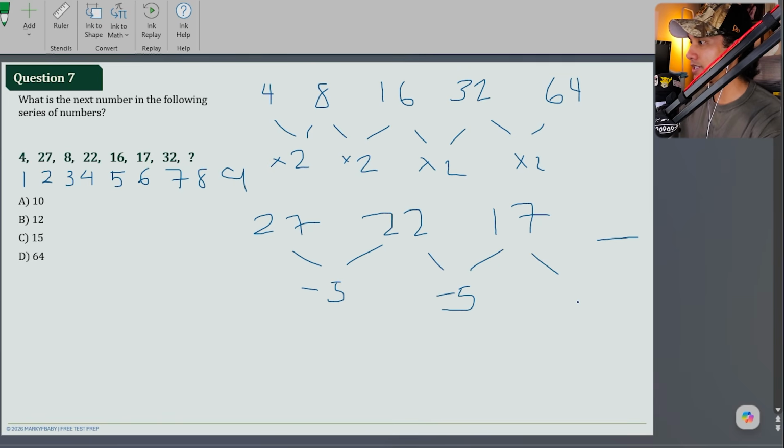And then 17 minus 5, okay, we apply this rule to the last number, that is 12, right? 17 minus 5 equals 12. That equals answer choice B. What you just saw, what we just figured out, is an alternating pattern. Okay, we had to identify the odds and the evens and then find the patterns between those to get the next number in the series.